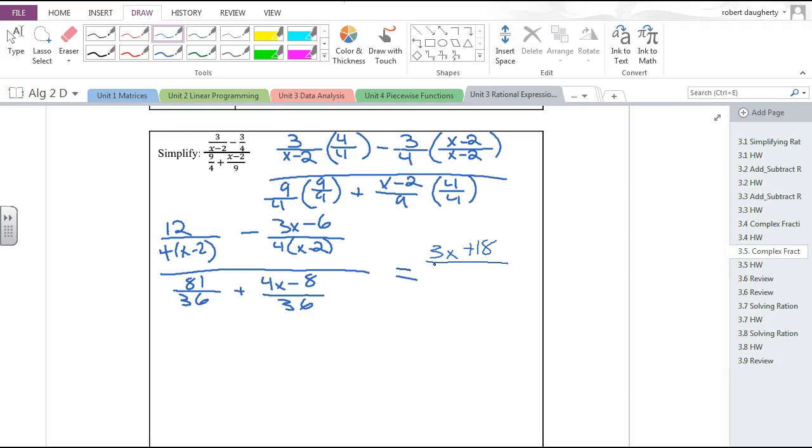What's in front of the 3x? Negative sign. And you got 12 minus 6. You got that right. So it's negative 3x plus 18. That's the top. And then what do we get down below? 81 minus 8 is what? 73?